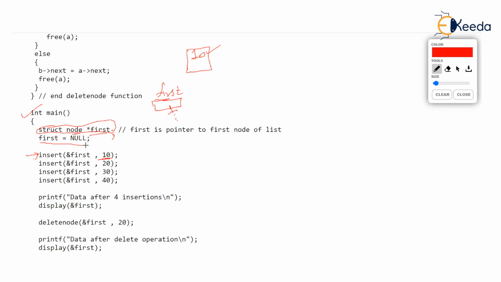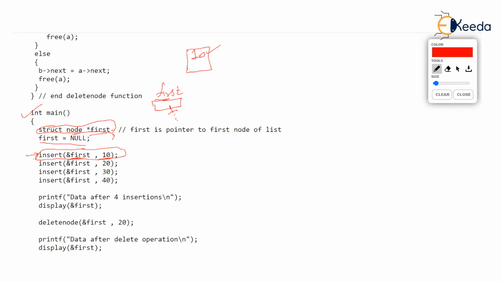You see, initially, those who are not very comfortable with pointers and pointer to pointer will find it a bit difficult, but I promise, this is my word, that after one or two executions of insert and discussion of this, you will be very comfortable with what it means to pass a pointer and what a pointer to pointer means. But just observe the call to insert. How is insert called, you watch? Insert is called by passing the address of first.